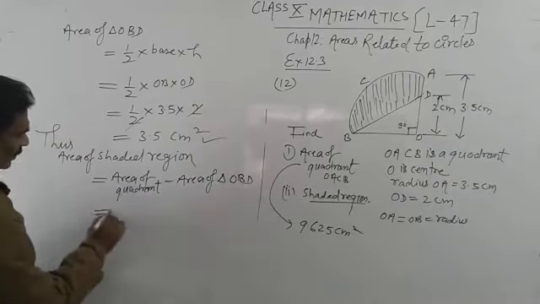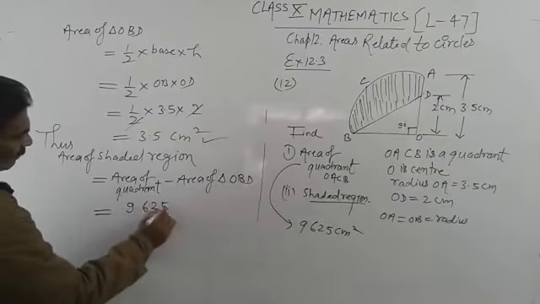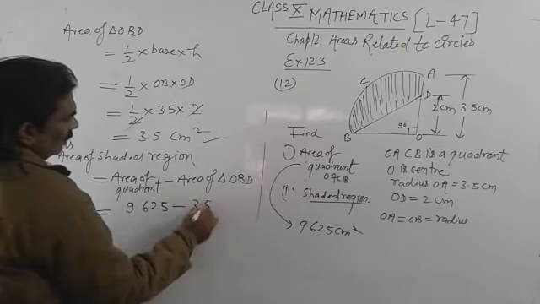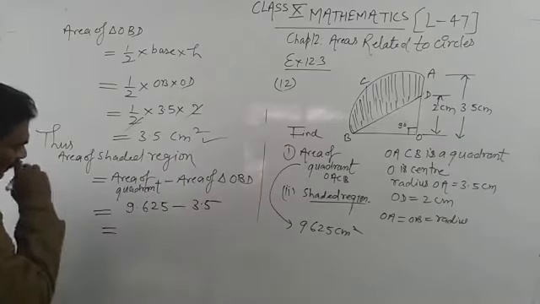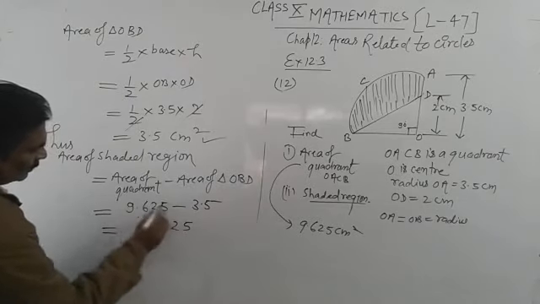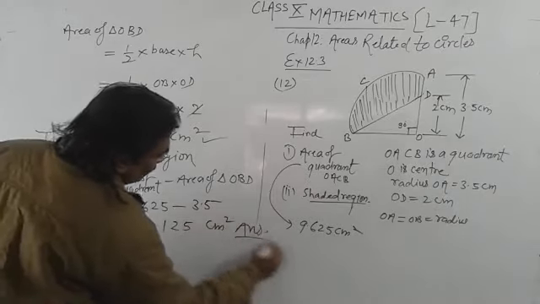Now putting the values, the area of quadrant is here 9.625 minus the area of triangle 3.5, and after subtracting I think we get 6.125 centimeter square. So this is your answer, students.